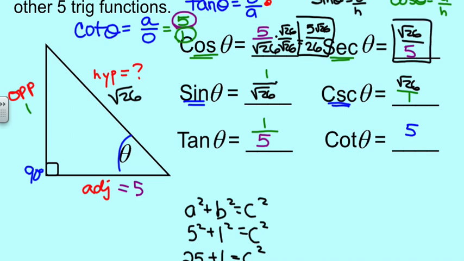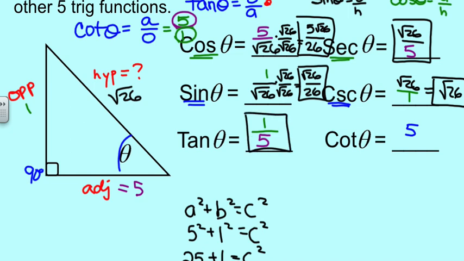Sine of theta needs to be rationalized, so I'm going to multiply the numerator and denominator by the square root of 26. I get square root of 26 over 26. This one over here, square root of 26 over 1, can just be reduced to the square root of 26. 1/5 is fine, and 5 is fine. And that's how you can find the 6 trig functions, given one of the trig functions.